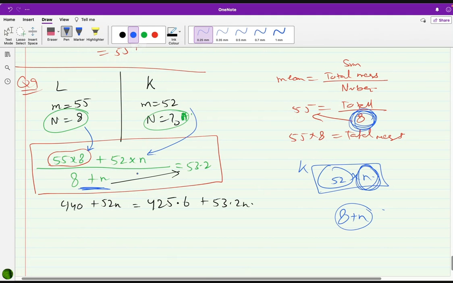Taking the numbers on the left hand side, 440 minus 425.6 is equal to 53.2n minus 52n. So 440 minus 425.6 leaves 14.4. On the other hand, 53.2 minus 52 is 1.2. And n would equal 14.4 divided by 1.2.